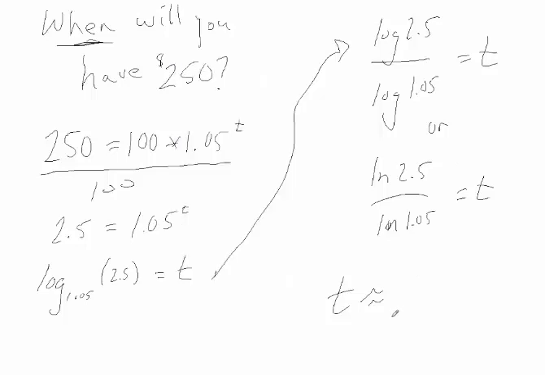But let's just use that. And can we check our answer? Sure. Let's check it this way. If we start at 100, 1.05 to the 18.78, what do we get?